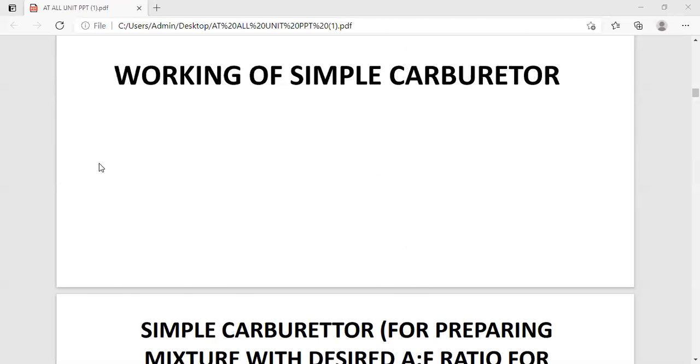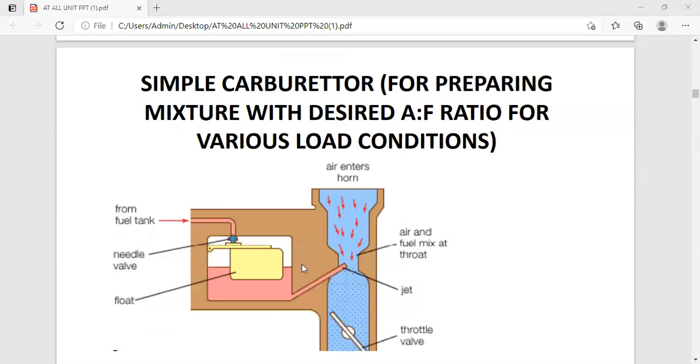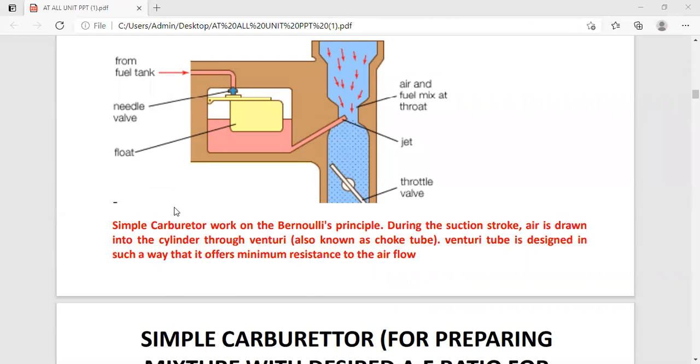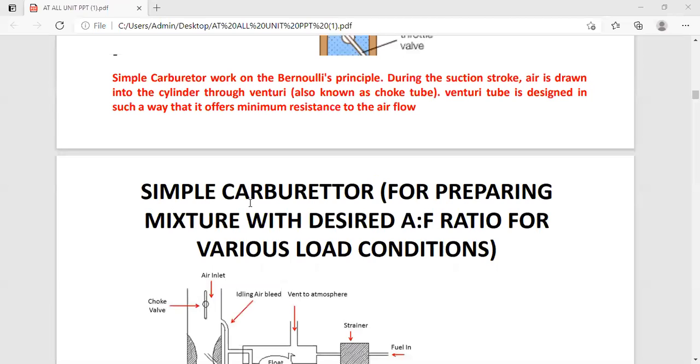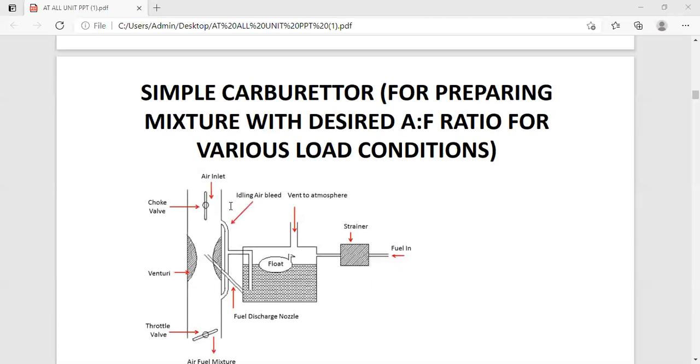And we have seen the constructional features of the simple carburetor with various load conditions, preparing the mixture with the desired air fuel ratio.